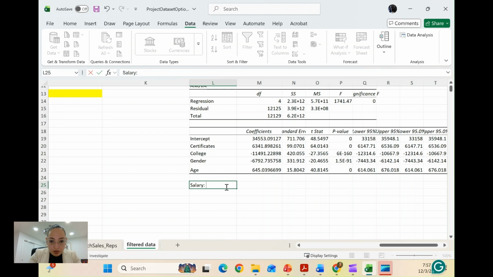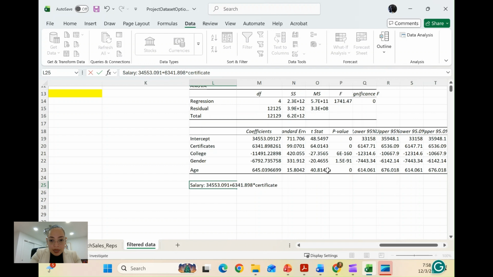And the first coefficient, the intercept, 34,553, plus all the coefficients multiplied by the variable. So in this case, 6,341 times certificate, how many certificates the sales representative has.